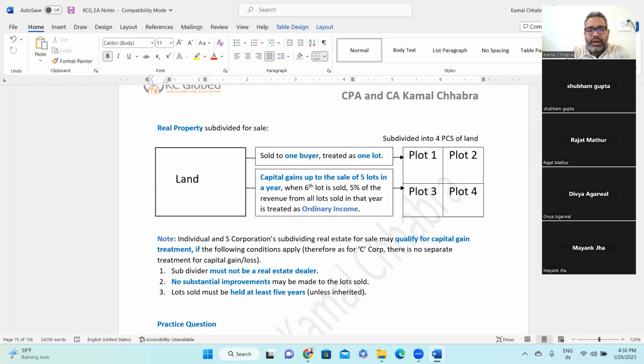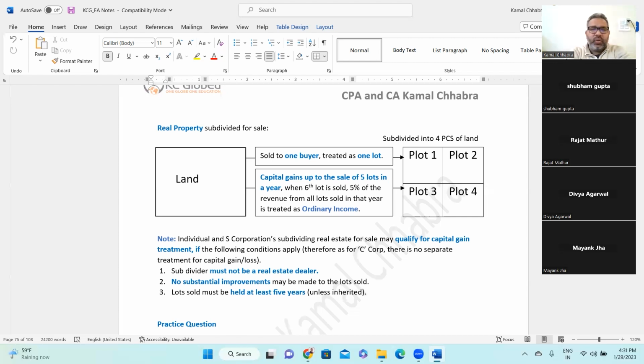So an individual or S corporation subdividing real estate for a sale may qualify for capital gain treatment if the following conditions apply. As for a C corporation, there is no separate treatment of capital gain. For a C corporation, it is always considered business income.